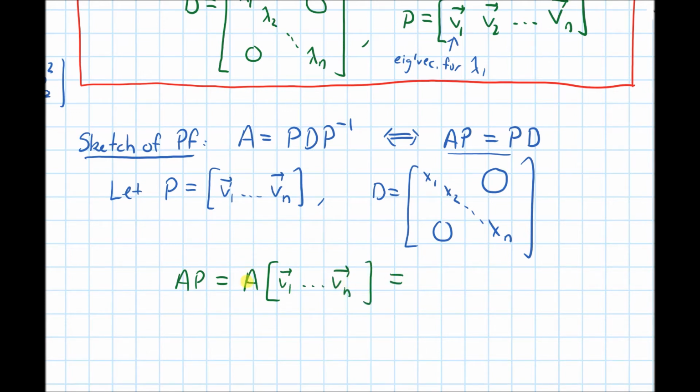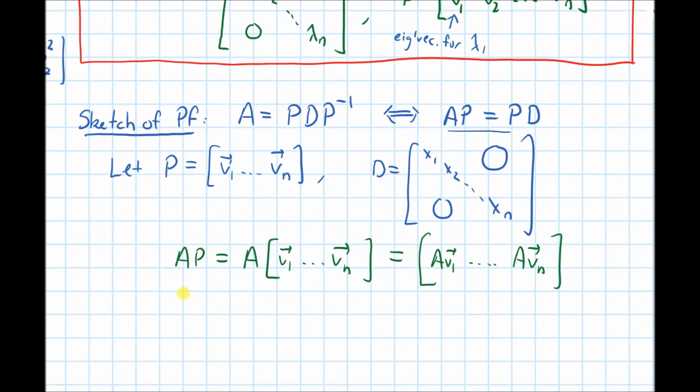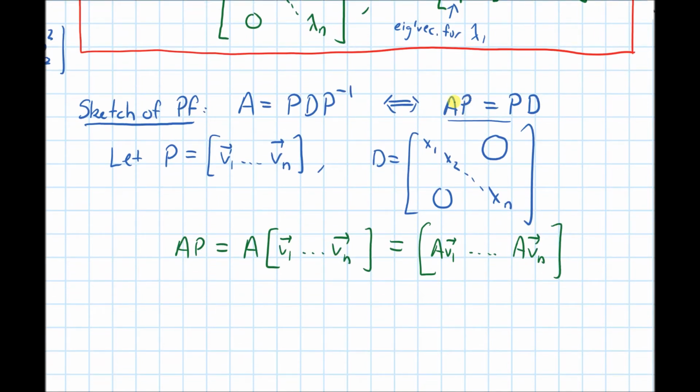When we first learned how to multiply a matrix by another matrix, the definition was that the columns are going to be A V1 up until A Vn. So it's basically like the matrix A multiplies each of these vectors, V1 up until Vn. This was the original definition of matrix multiplication before we learned the row-column rule. So that's what AP is, the left-hand side of this equation.